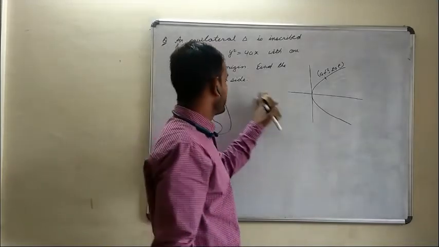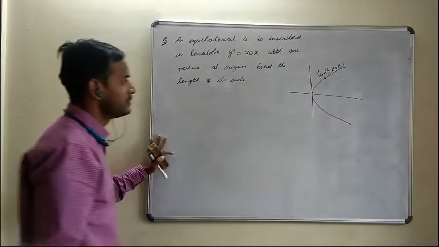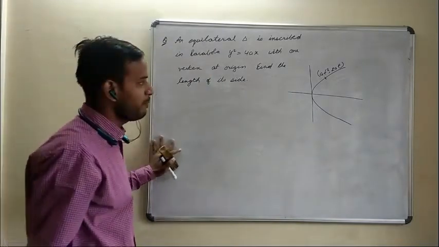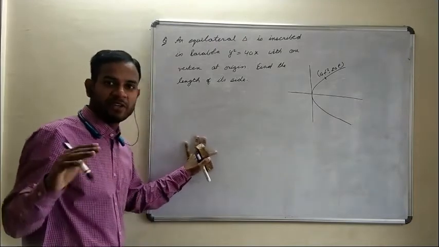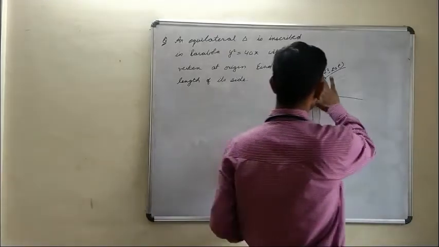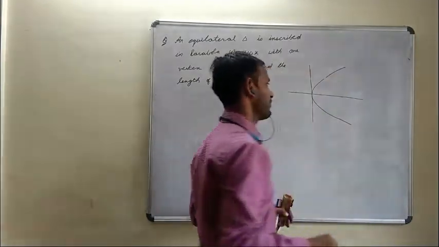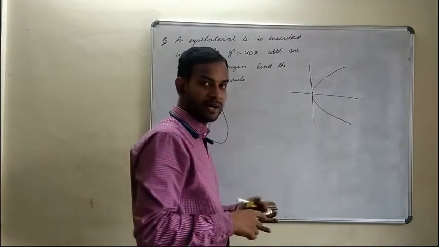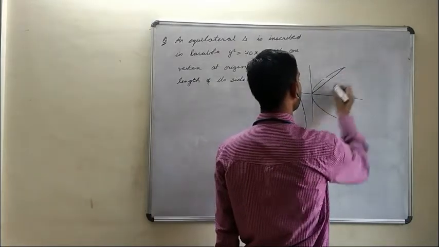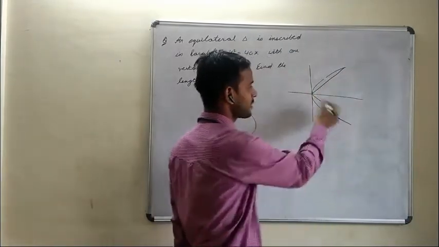So we have studied parabola up till its equations. We must have realized that a parabola is symmetric with respect to its axis. So if the parabola is symmetric with respect to its axis, the equilateral triangle can be formed in a very symmetric way such that this line is the bisector of this angle.